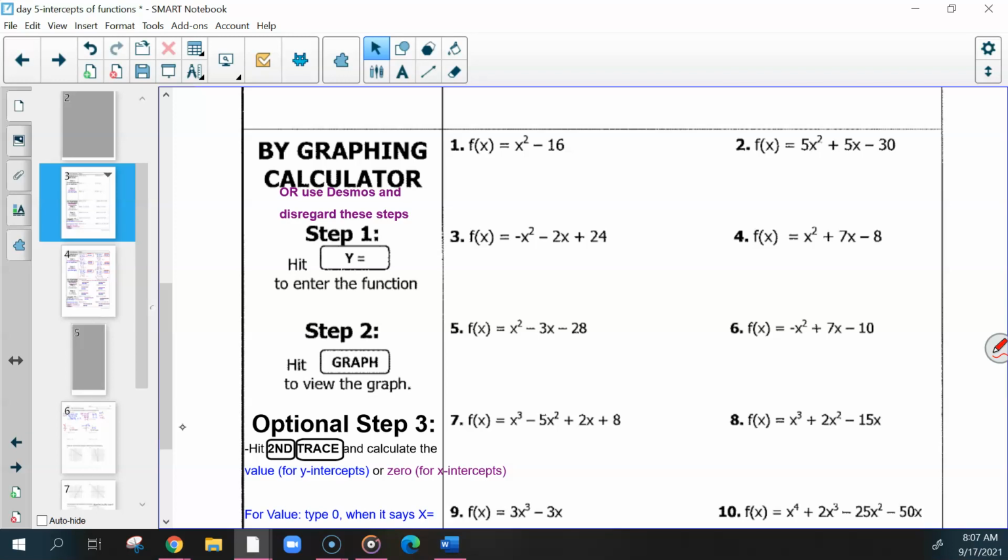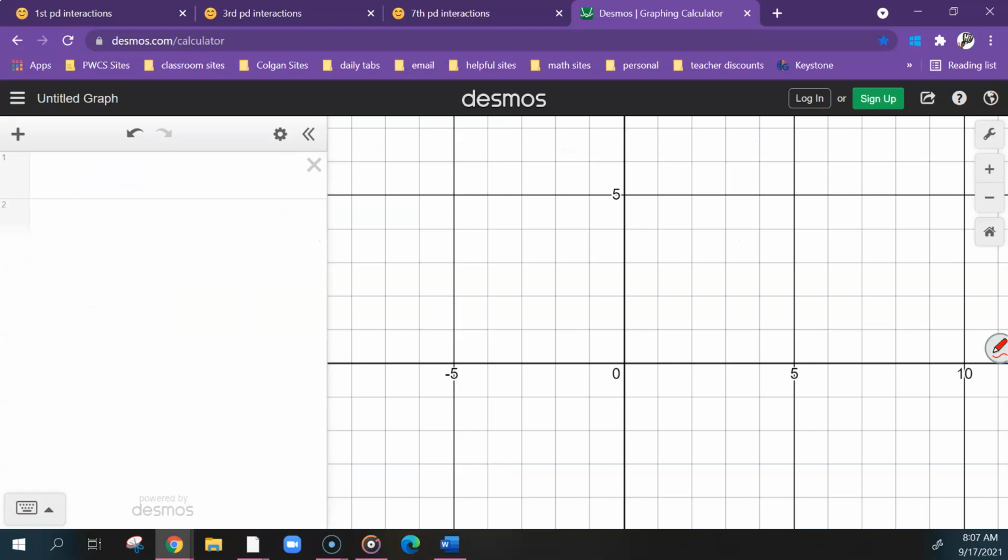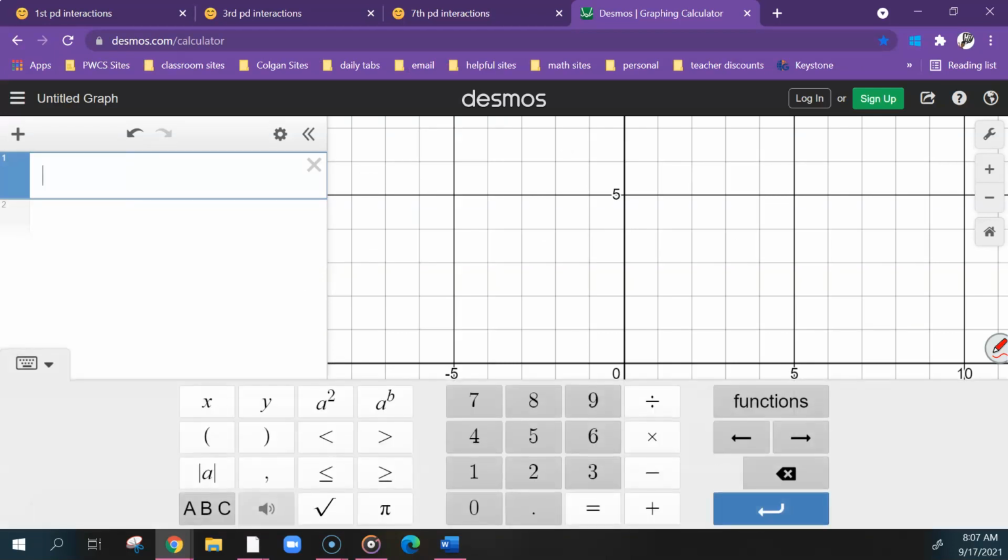If you had Desmos, it kind of gives you those, so that would be easier and a nice way to see it. So I'm going to put in number 7 into Desmos, just so you can see it. Someone read that one off for me. It was like x to the 3rd.